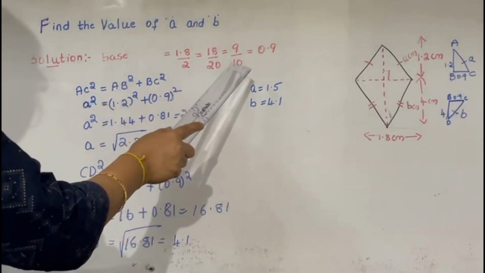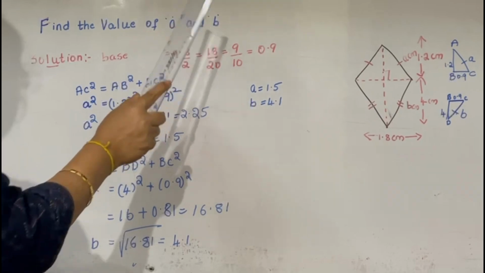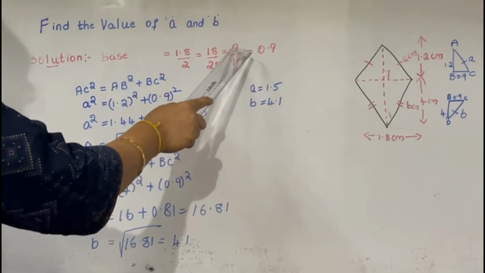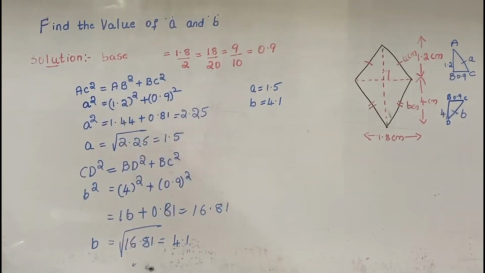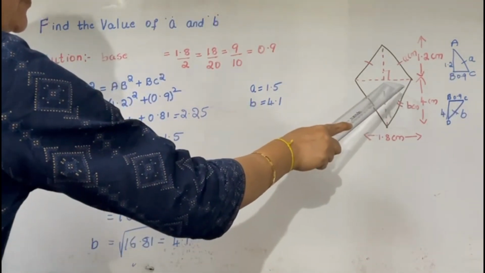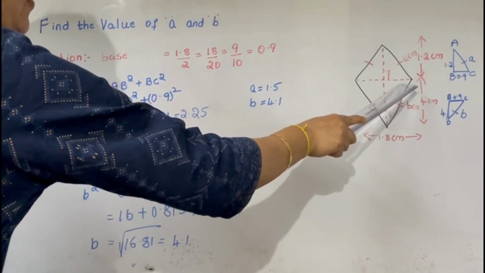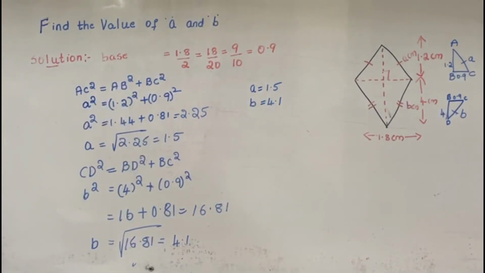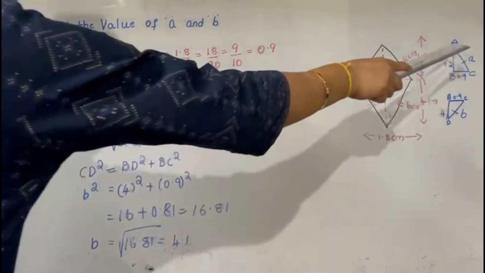If I divide by 2, I am removing this decimal and putting the 0 here, 18 by 20. 2 9s are 18, 2 10s are 20, and 9 divided by 10 you will get 0.9. Therefore, this part is 0.9 and this part is 0.9. The total is 1.8 centimeters. Understood?